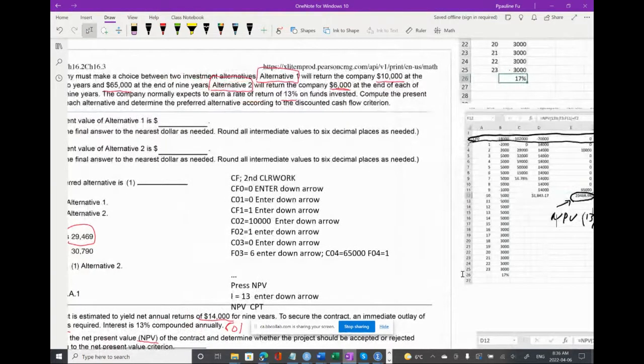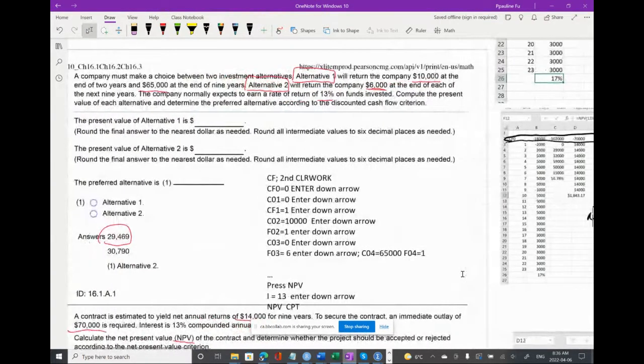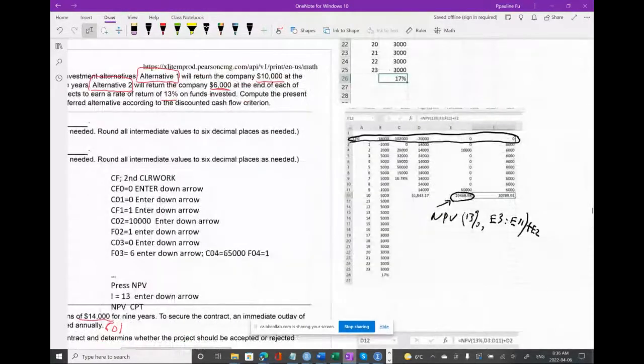And for alternative 2, it will return 6,000 at the end of each year for 9 years. So 6,000 for 9 years. You arrange the data here. And the NPV formula is 13%, F3 to F11 plus F2.